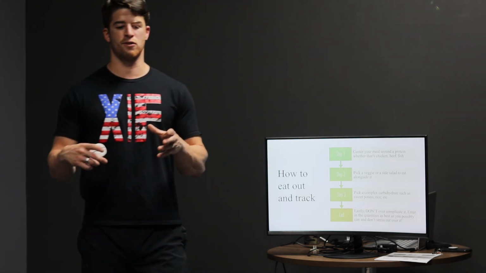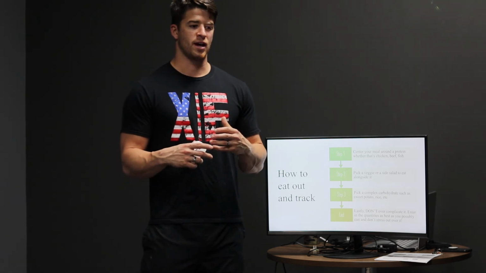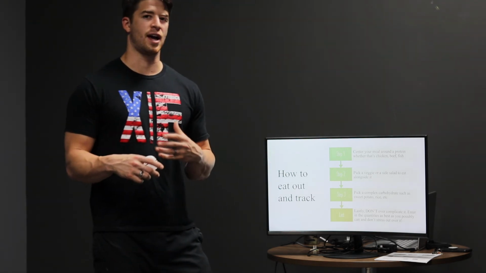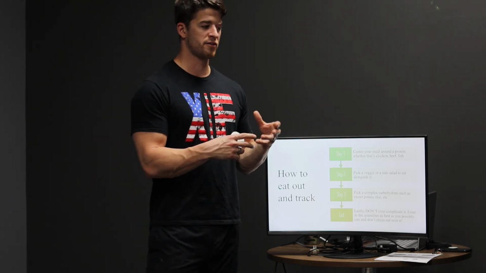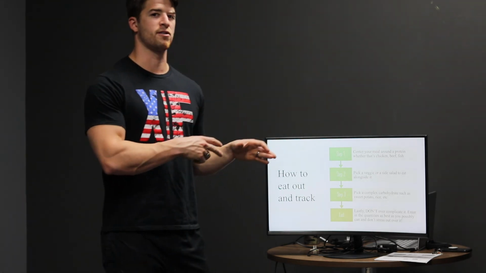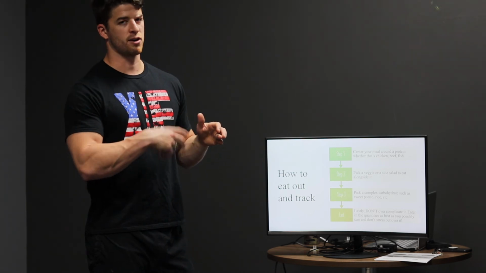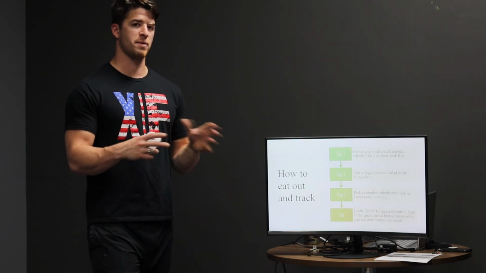If you have salmon or ground beef or whatever, you can ask for a side salad to get your vegetables, and then you can refer back to the macro example sheet for a carb that can be paired with it.